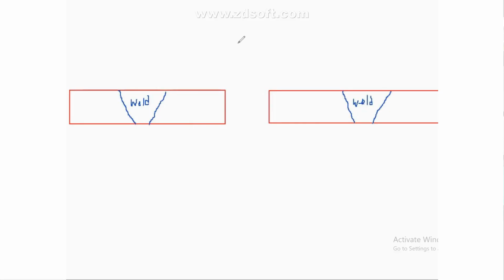The UTS value for this parameter is 460 Newton per millimeter square, for both the same.